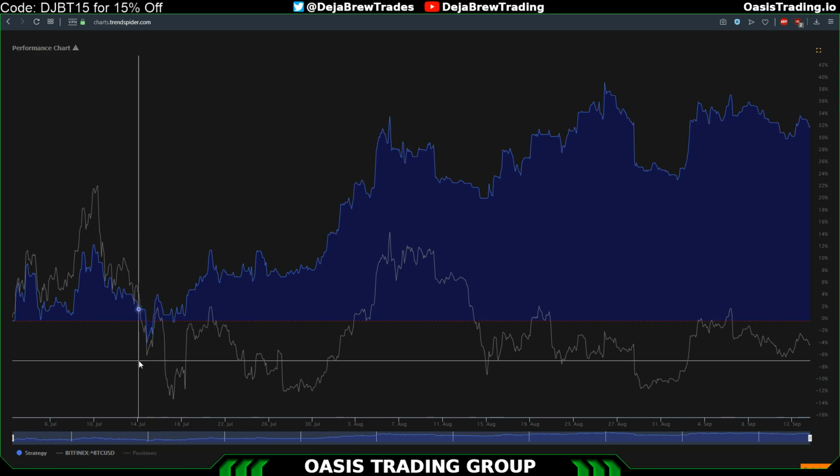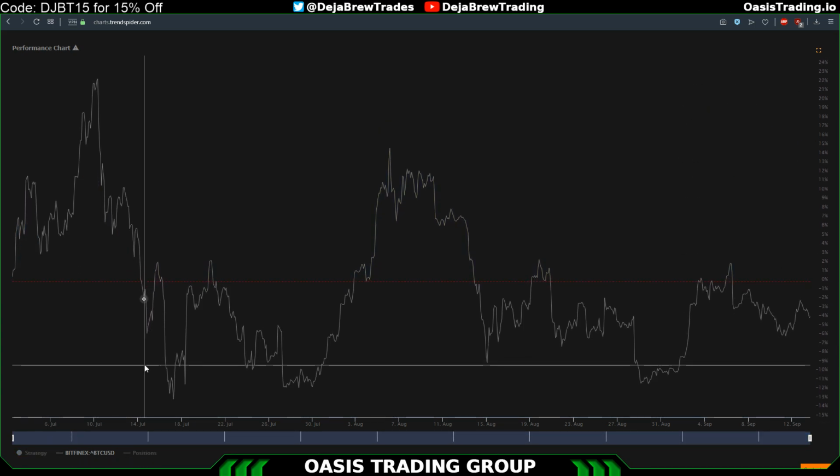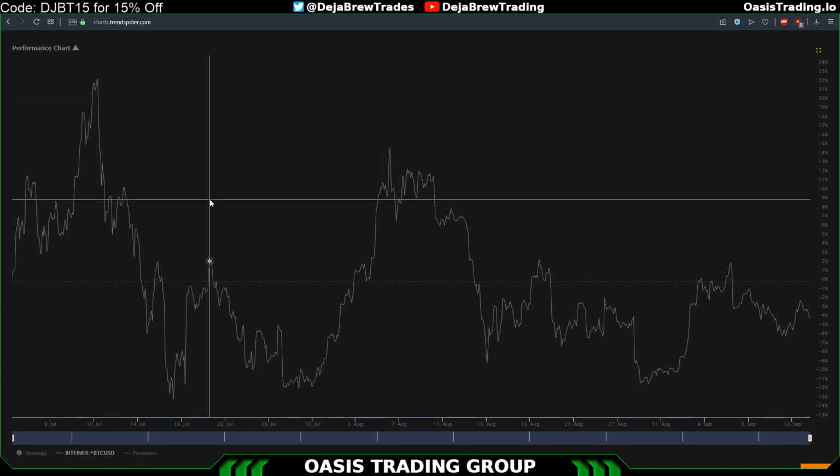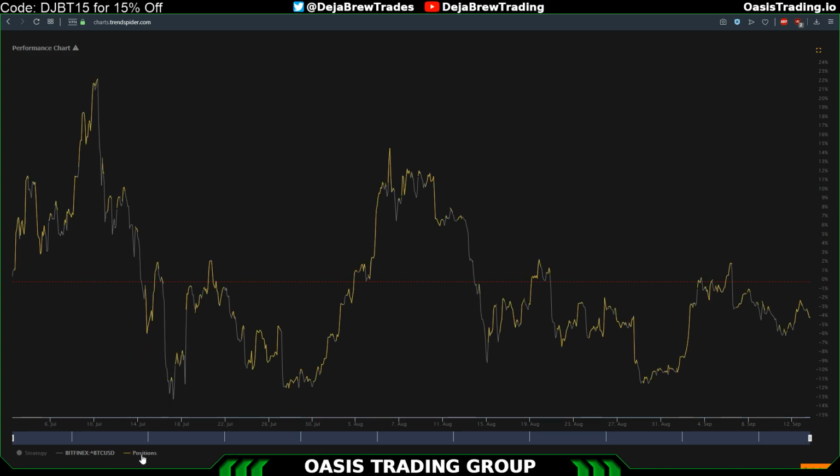So a really cool feature of this performance chart, you can click on all these things down here at the bottom. So let's turn off the strategy. This is going to give you your buy and hold strategy. So what you can do is you can click on positions, and it's going to highlight when your strategy was in a trade. So where did you enter, and then where did you exit?